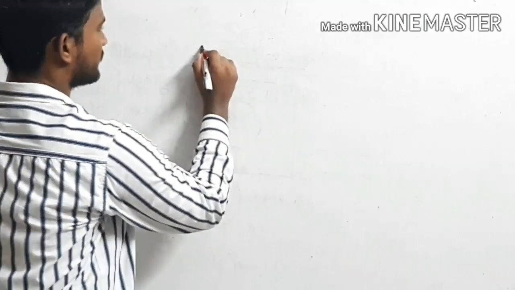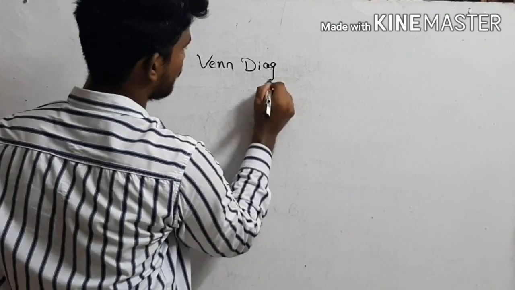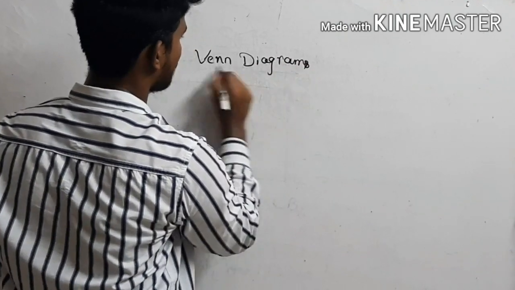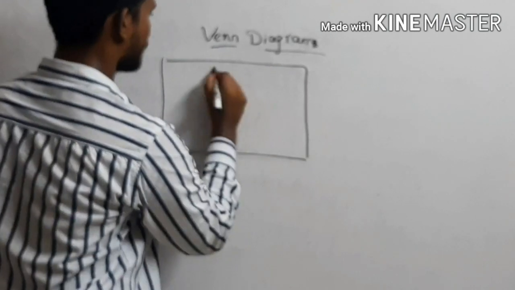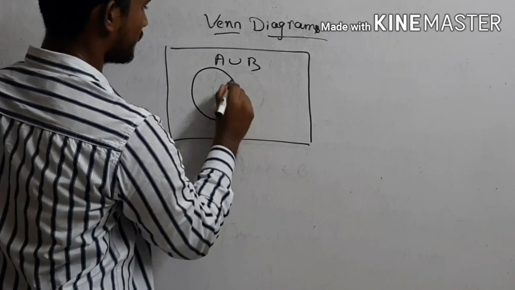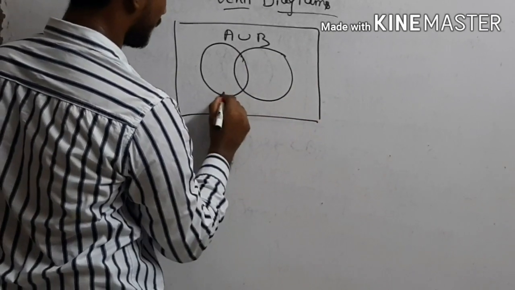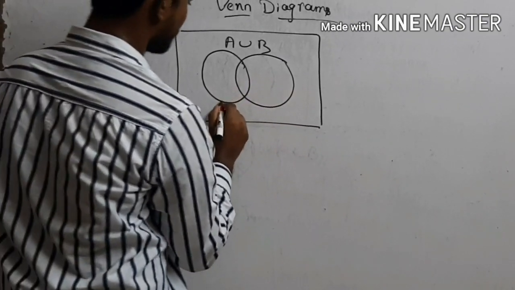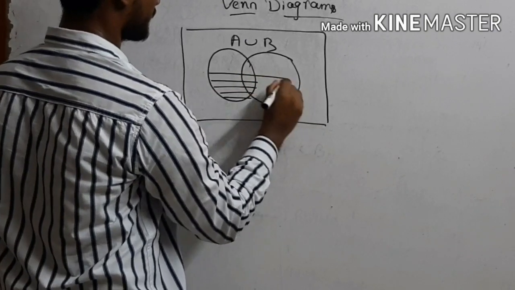Next we can discuss Venn diagrams. A union B means it is A and it is B. You can take all the balloons in the diagram, all the elements in the diagram.